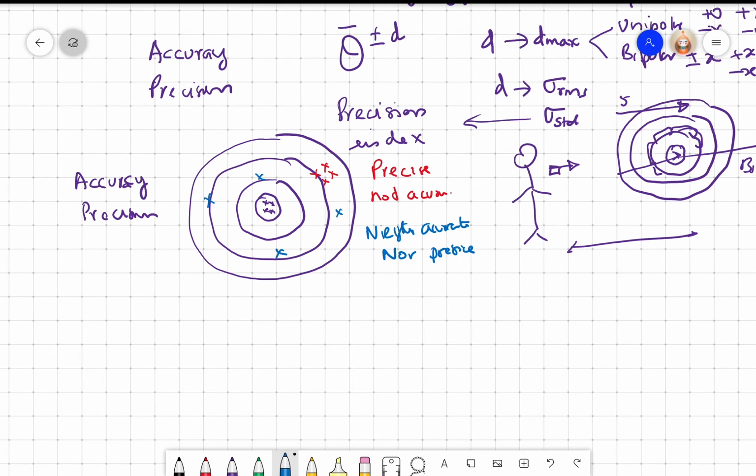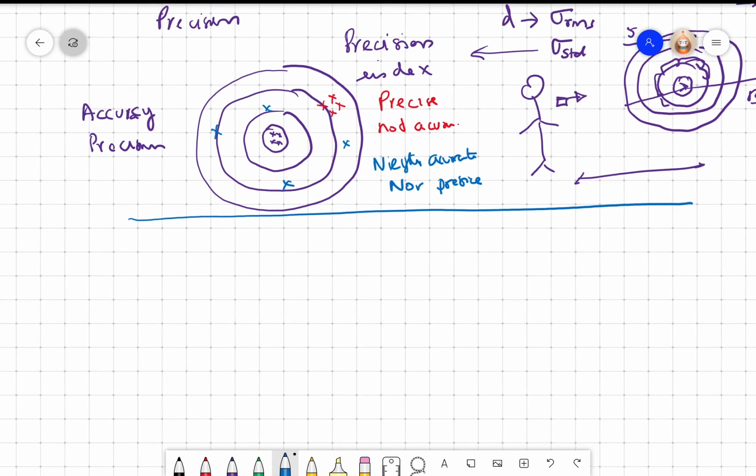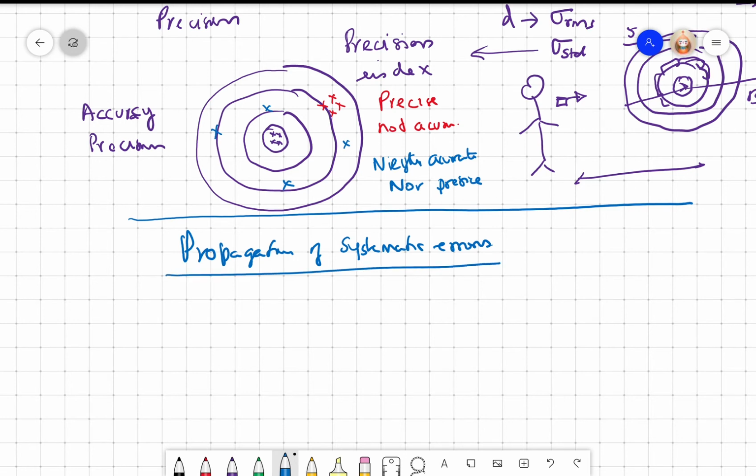The same way we started learning about propagation of errors. So we started with systematic errors, right?